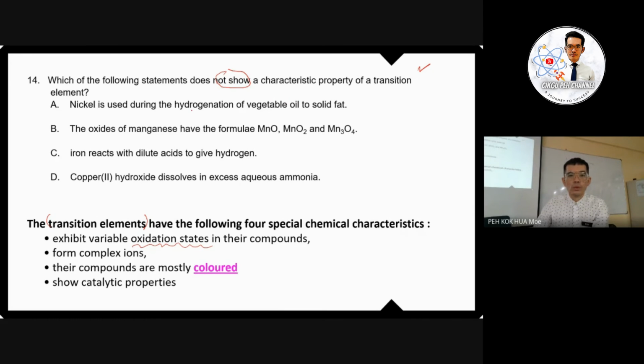As we know, the hydrogenation process changes the double bond of the carbon, which is unsaturated in the vegetable oil, to become saturated, with only single bonds between the C. However, in the hydrogenation process, nickel acts as a heterogeneous catalyst, because it can use the d orbital to carry out this process.